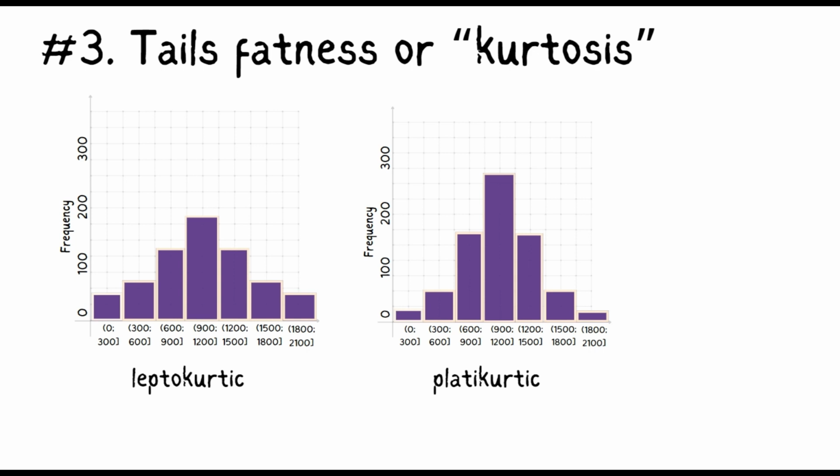Having fat or heavy tails, like in the left plot, indicates that the chances of extreme values are high. A histogram with slim tails describes a situation where extreme values have a lower chance of occurring as expected. There is more predictability in the second scenario. Kurtosis is therefore a measure of stability and predictability of a variable.